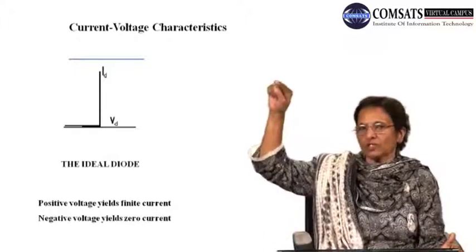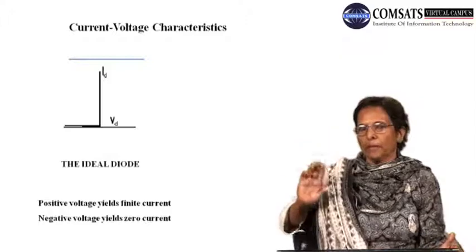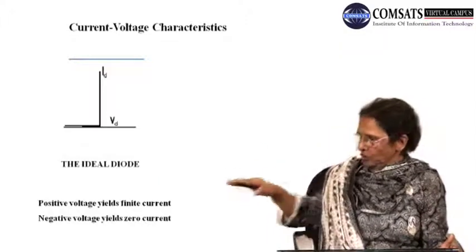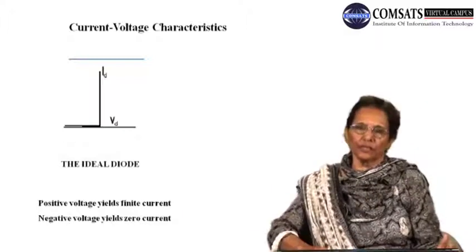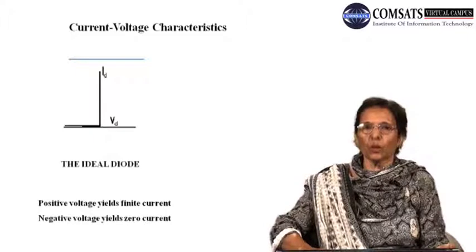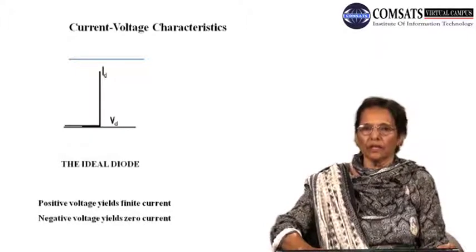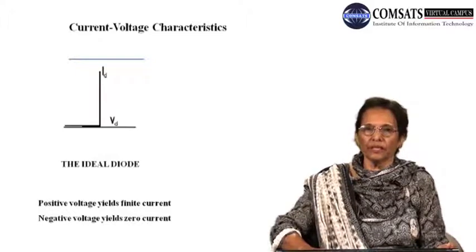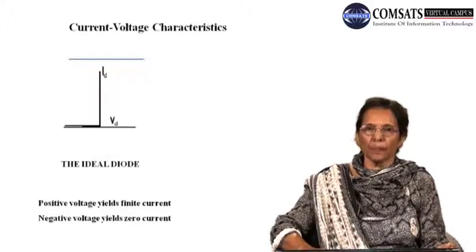So you see this exponential rise, but then you also see in the negative quadrant an almost flat or saturated current. This current is termed as reverse or saturated current. Reverse because now the junction has been operated under reverse bias condition.